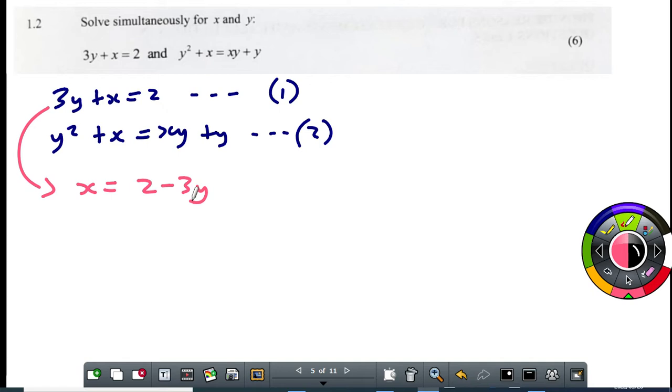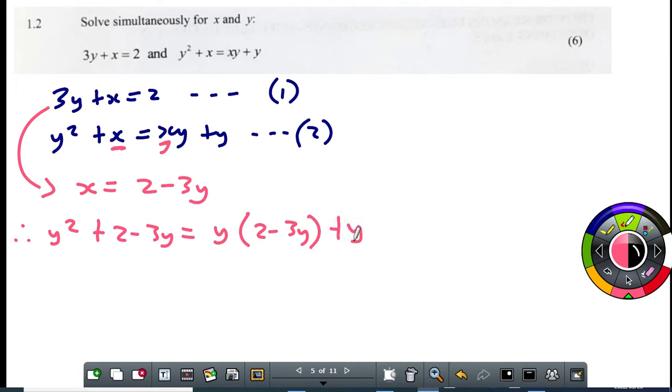Remember the question is 6 marks. Then we substitute now where there is x there. We put 2 minus 3y. So equation 2 becomes, therefore, y squared plus 2 minus 3y is equal to y times 2 minus 3y plus y.